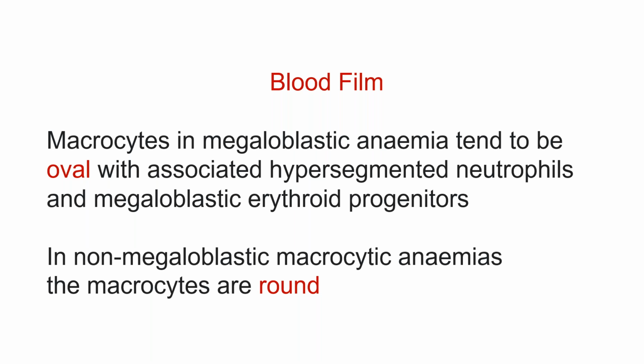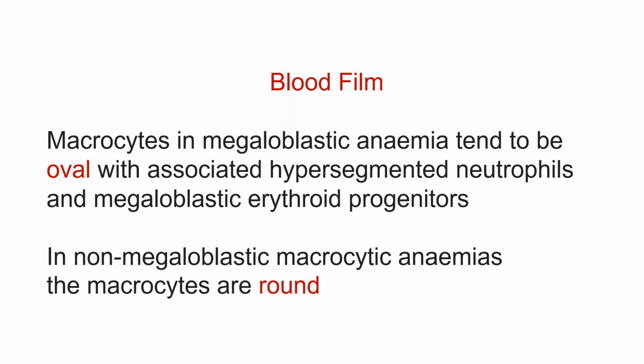Then, how will you distinguish from the film between megaloblastic and non-megaloblastic macrocytic anemia? I will tell you the definition of the macrocyte later on. I started with the questions because you will understand better in the slides.